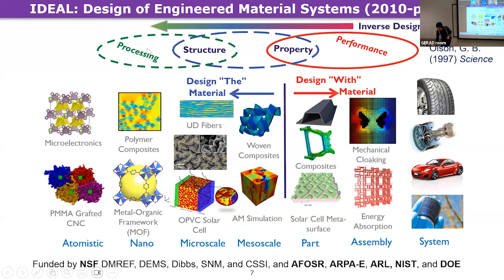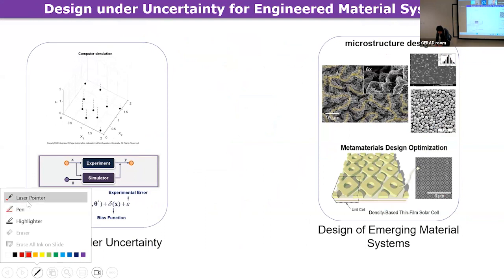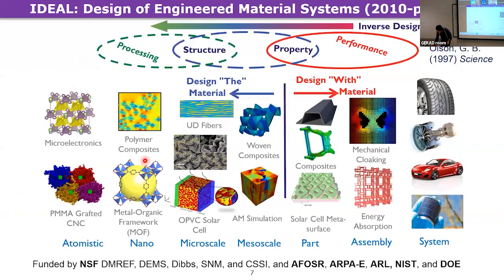So you can imagine we're building a machine learning model for each of these mappings, processing to structure, structure to property, and property to performance. We're helping them build machine learning models, but our interest is really the inverse problem: given some kind of targets or requirements, how do we explore this large dimensional space very quickly?